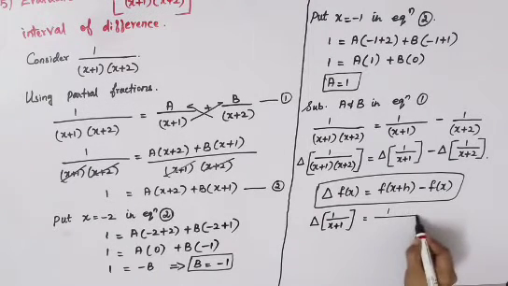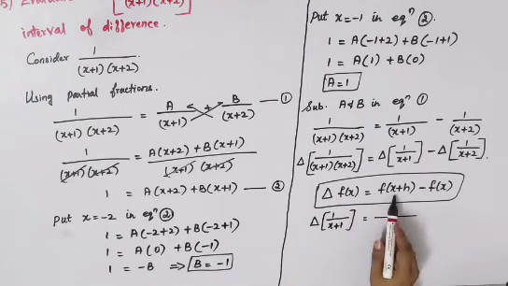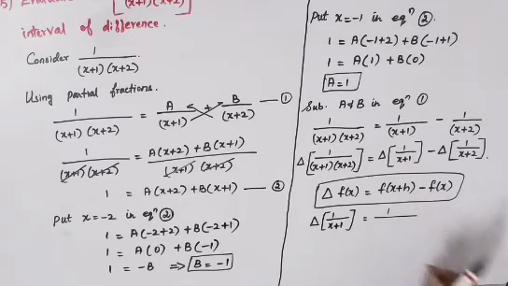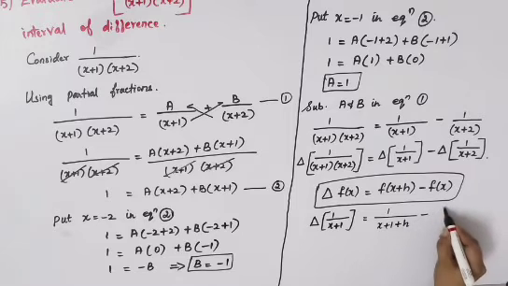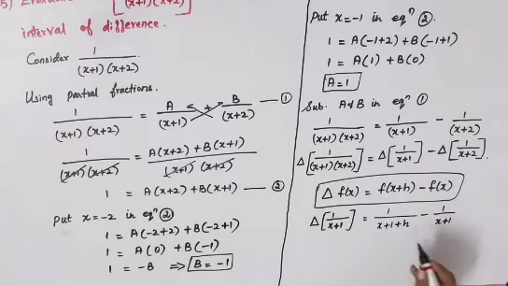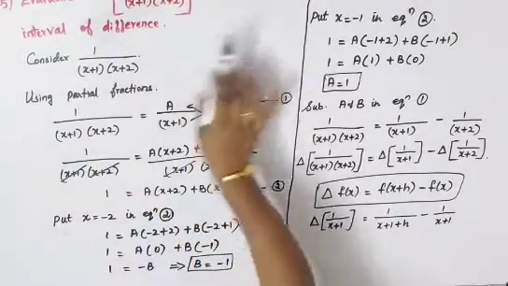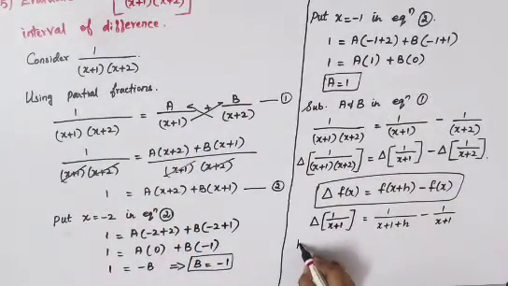1 divided by x should be replaced by x plus h. So 1 divided by (x plus 1 plus h) minus 1 divided by (x plus 1). Now we have been given the difference, that is the interval of difference is 1, so we can replace h is equal to 1 in this line.